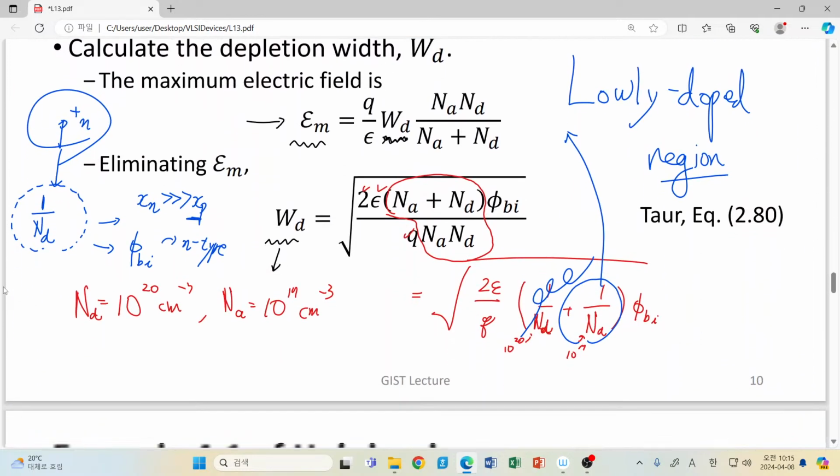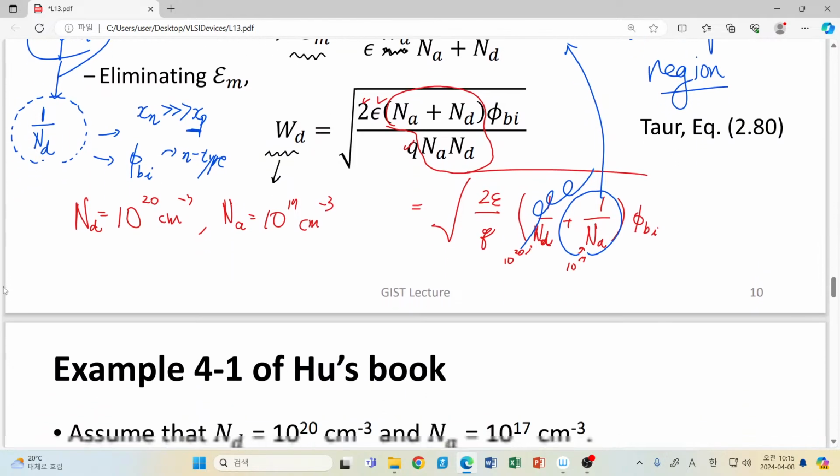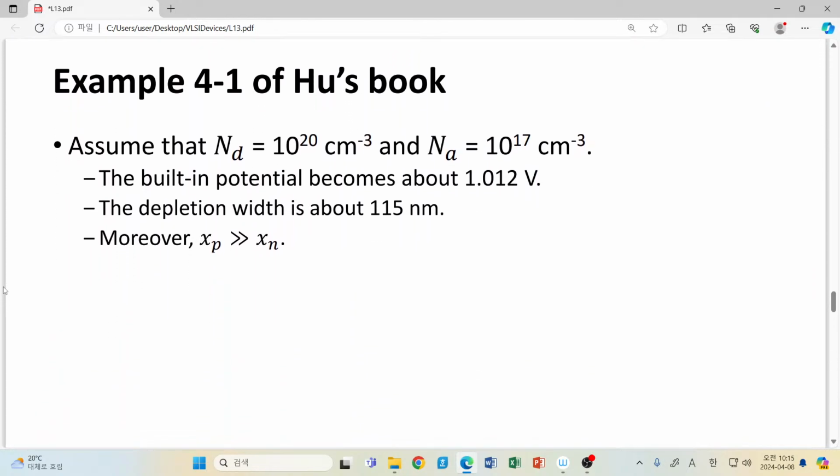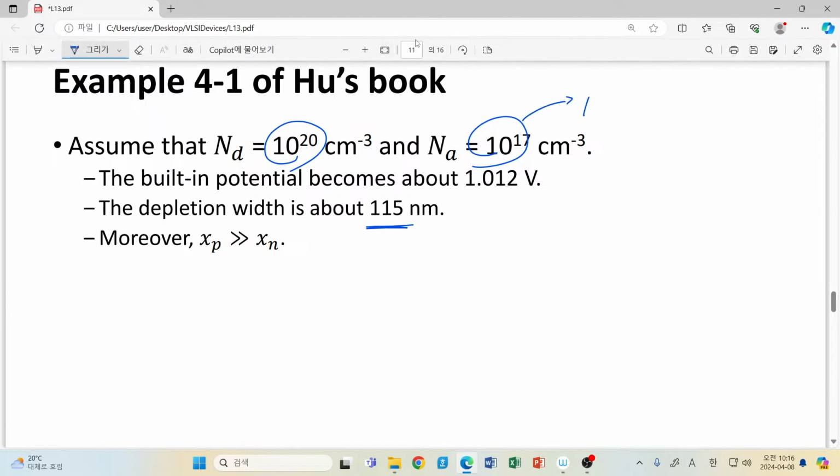Yes, then I think that we have covered this, and this is the last slide. Please take doping densities of 10 to the 20 and 10 to the 17. 10 to the 17 is quite a reasonable number for a substrate, and in this case the depletion width is roughly just 100 nanometers. So if you introduce, for example, 10 times higher doping density, 10 to the 18, then what will happen?